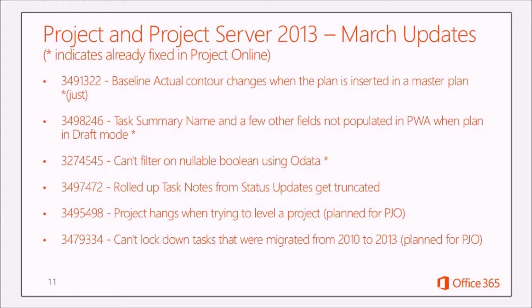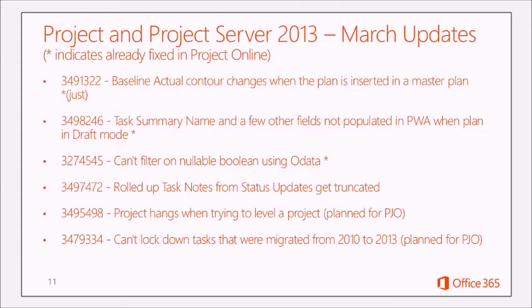So maybe it's using a 24-hour calendar, or a 7-day week calendar, or 7-hour per day calendar, whatever it happens to be. What was happening is that when you inserted that project into the master project, the baseline actual work contour would actually change. And so instead of having maybe 7 hours on a day, it would change it to some other value.